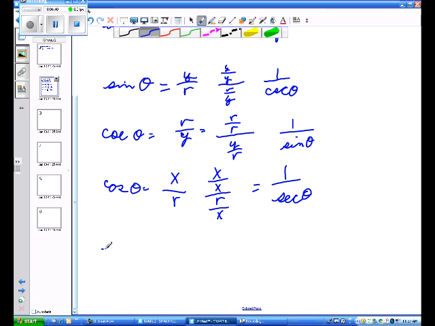If we started with the secant of theta, which is r over x, and we divided both the numerator and denominator by r, then we have 1 over x over r, which is cosine. So this is another way of showing that secant and cosine are reciprocals of each other.